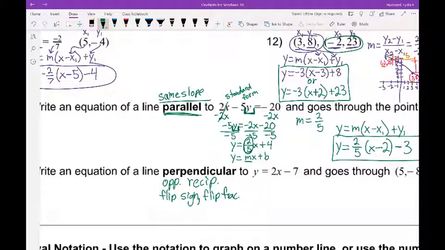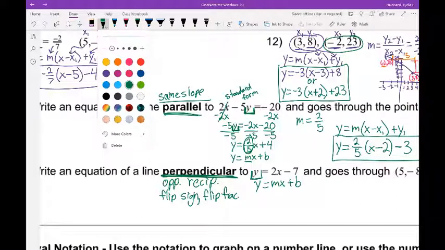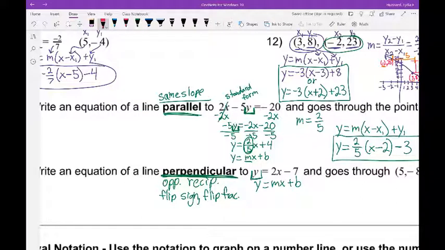So flipping it. Looking at this problem, we already have y solved for. So this is already in y equals mx plus b form. So our original slope is 2. If we were working with parallel, we would use 2 as our slope. But we want something perpendicular. So that means we need to take that slope and get the opposite reciprocal.